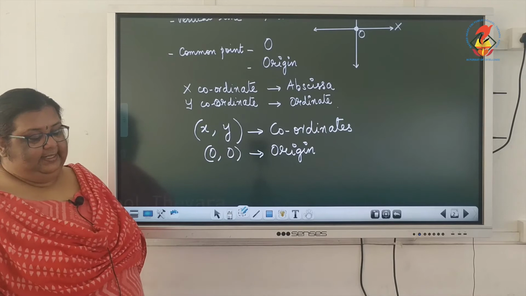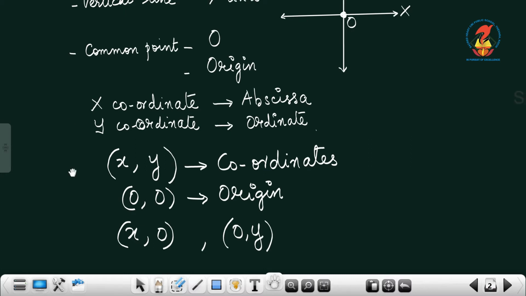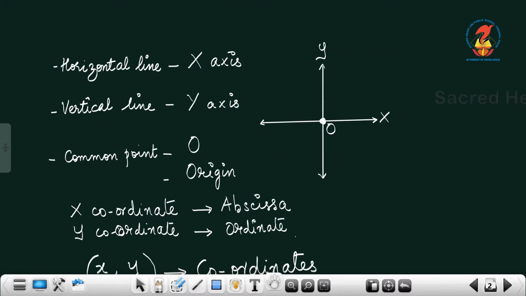Any point on the x-axis can be represented as (x, 0) and any point on the y-axis can be represented as (0, y). In the figure here, if you see, this is the x-axis. Any point on the x-axis, I can represent as (x, 0). Any point on the y-axis, I can represent as (0, y). And this point will be the ordered pair (x, y).